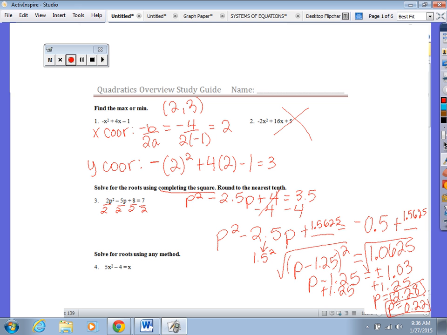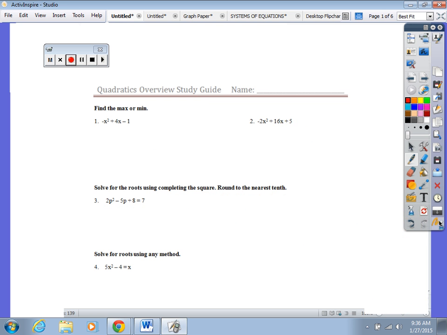Now, number 4 says solve for roots. What are the roots? Yeah, roots are another word for zeros or x-intercepts. So you can use any method. What are our three methods? Quadratic formula, factoring, completing the square. All right, what do we have to do first, though, before we can solve?